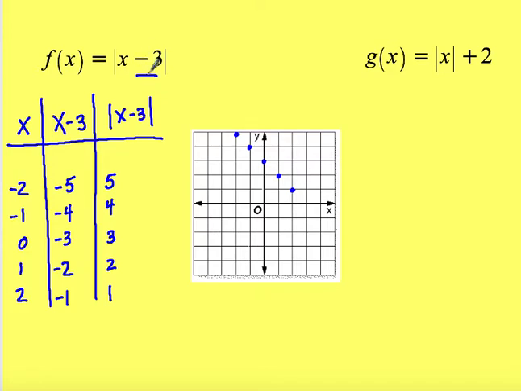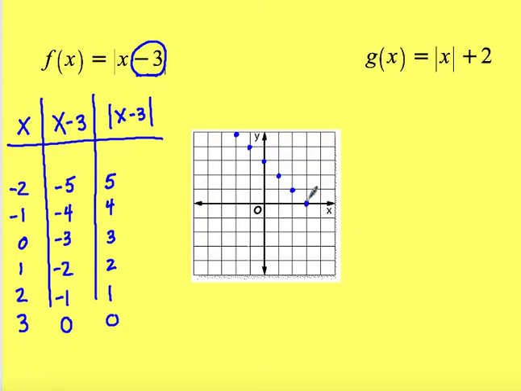And that's because that subtraction of 3 inside is moving that V around. It's translating. So I'm going to have to continue picking a couple more points until I find where it is that my graph starts to head in the other direction. So I'm going to go to 3. 3 minus 3 is giving me 0.